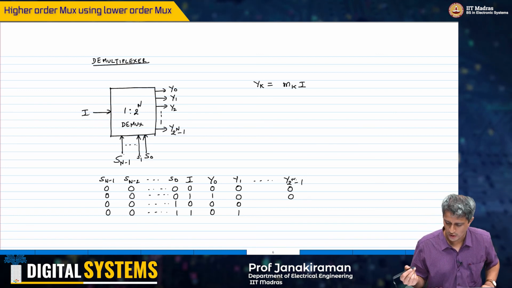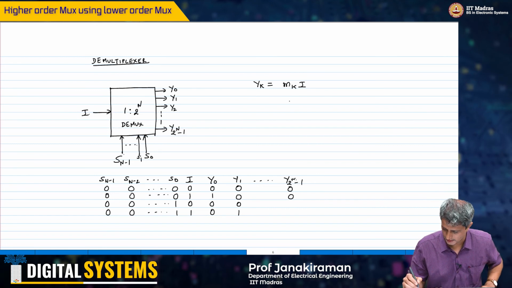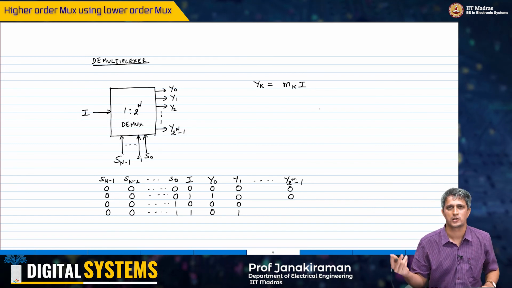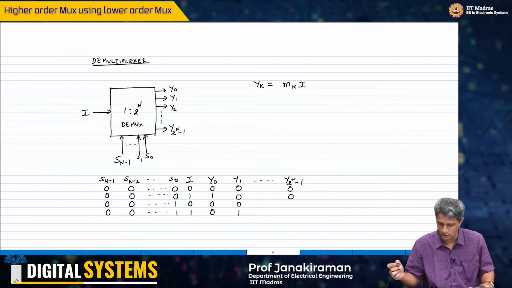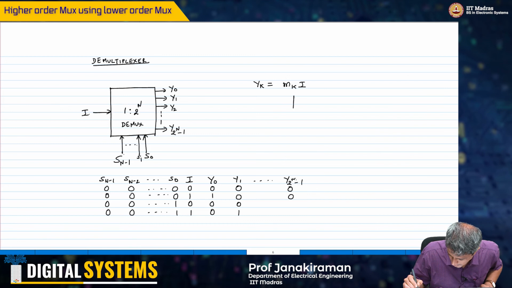So again, how would you implement this? The implementation is very straightforward. Let's look at it from a hierarchical implementation. Assume that you have a decoder as usual.